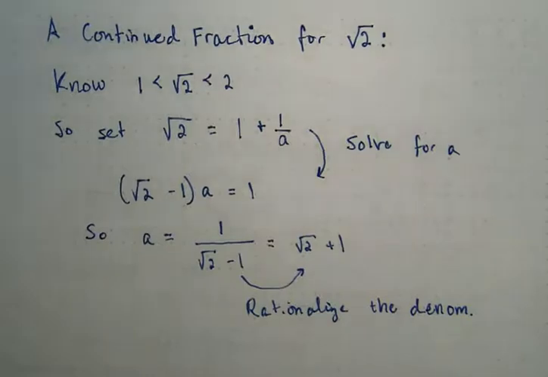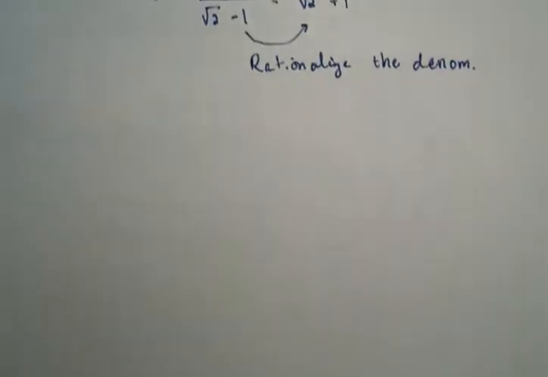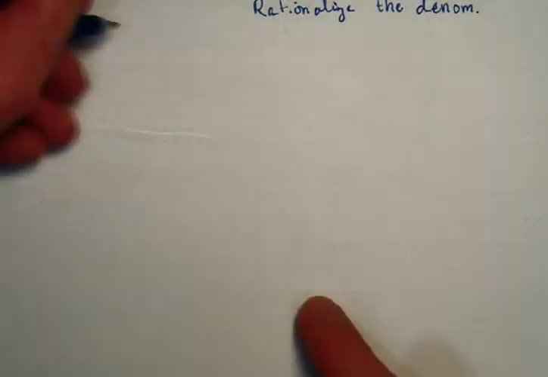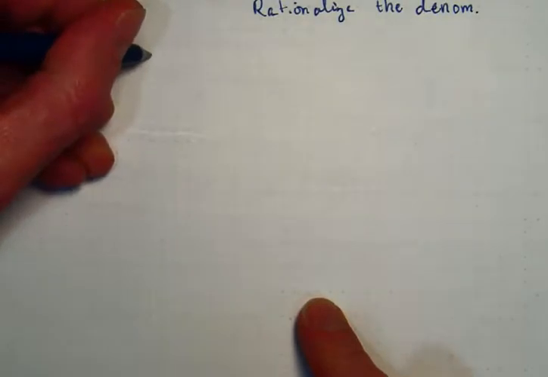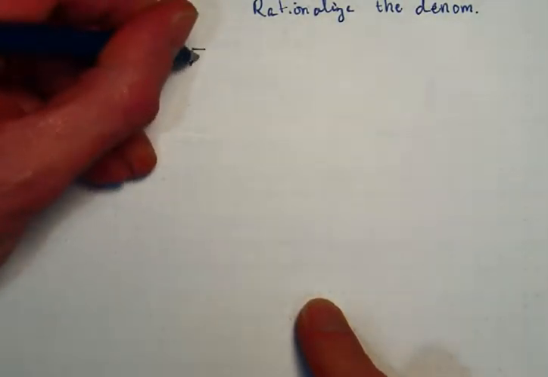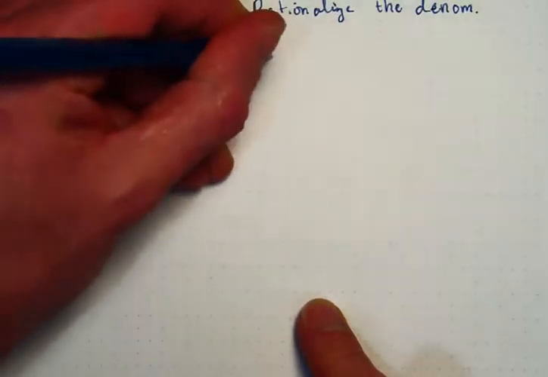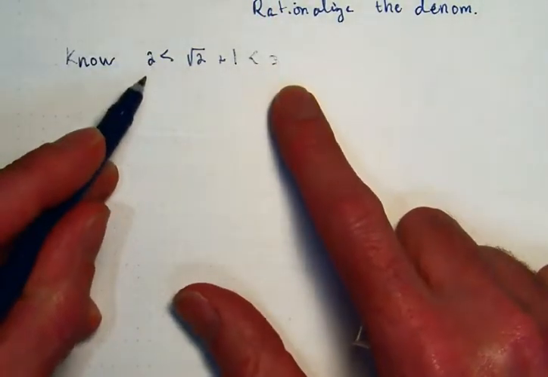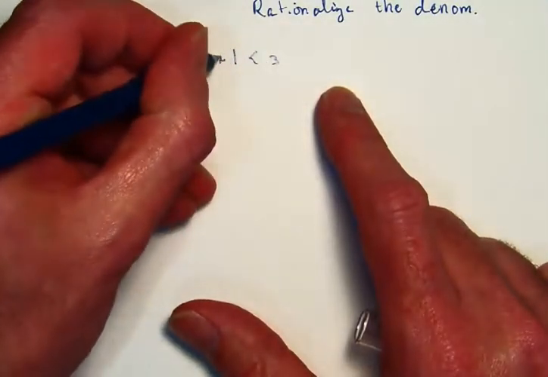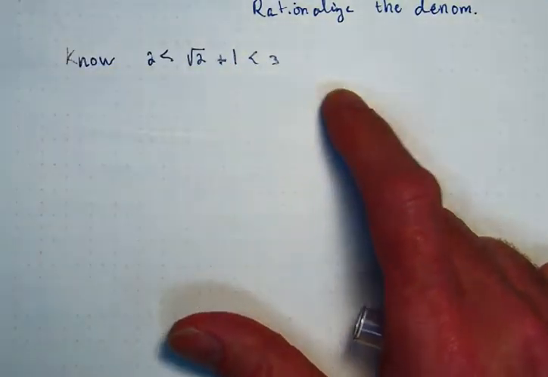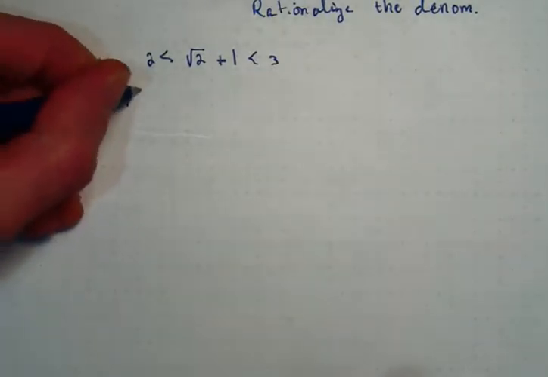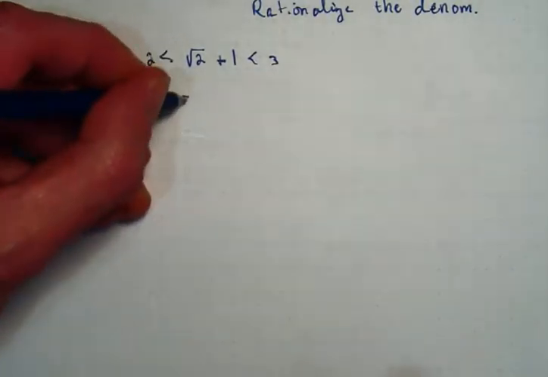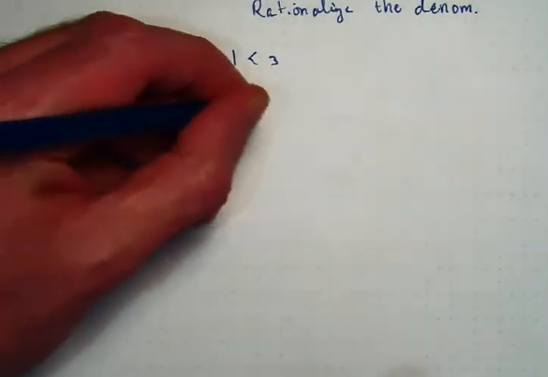Okay, so let's play the same game with radical 2 plus 1. Let's talk about what we know. We know that radical 2 plus 1 is somewhere between 2 and 3. So let's set radical 2 plus 1 to be equal to 2 plus a little bit.